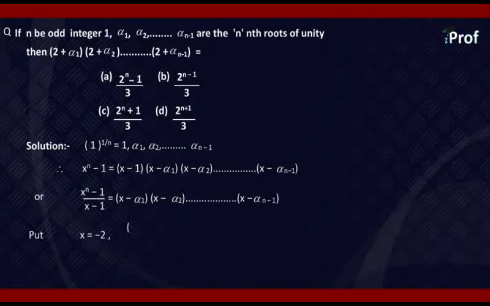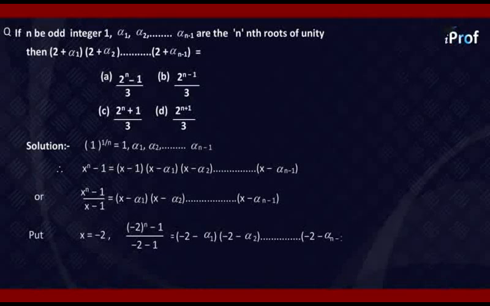We get ((-2)^n - 1)/(-2 - 1) becomes (-2 - alpha 1)(-2 - alpha 2) and so on up to (-2 - alpha n-1). It should be borne in mind that n is an odd integer, therefore n - 1 will be an even integer.